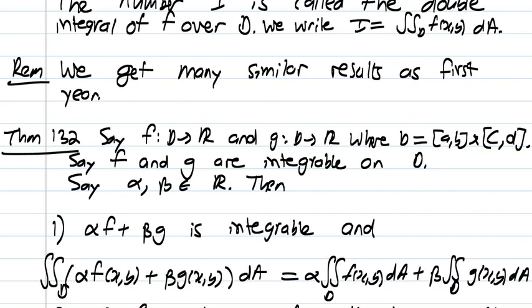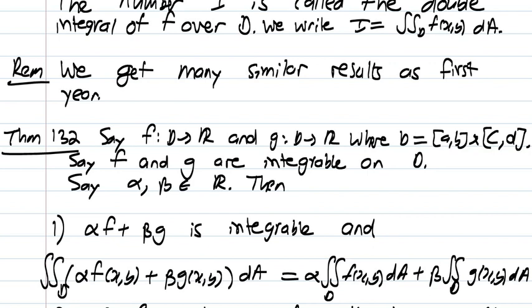If, for example, beta is naught, then if f is integrable, any scalar multiple of f is integrable. Likewise, if alpha is 1 and beta is minus 1, then if f and g are integrable, the difference is an integrable function. Likewise, if alpha is 1 and beta is 1, then the sum of integrable functions is integrable. So this is a really cool result.